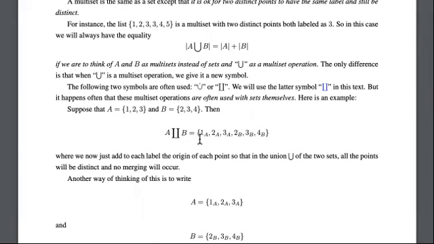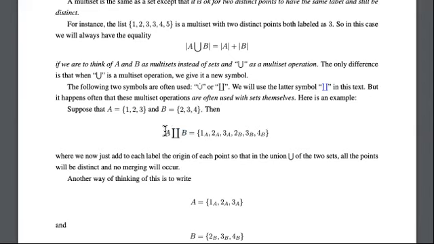Like here, notice how if we have a set 1, 2, 3 and a set 2, 3, 4. Notice there's an overlap with 2, 3, but we're going to think of this 2 as being like a 2A because it came from A, and this 3 as being like a 3A. And so really notice how they're all distinct here. This is called a disjoint union.